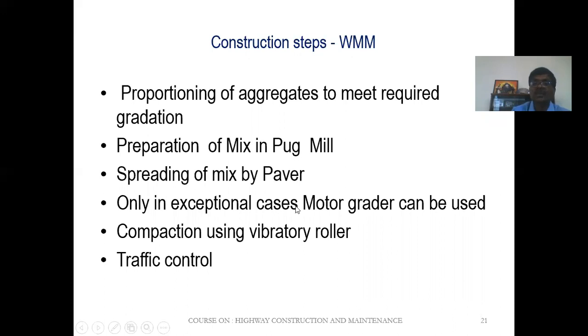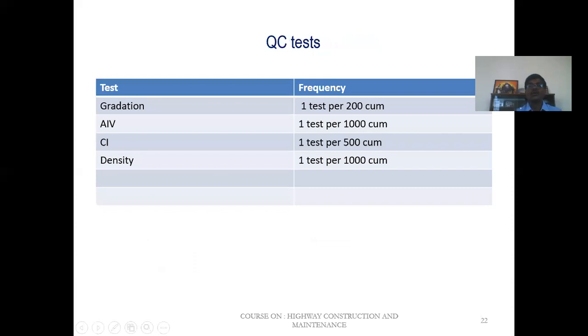Only in exceptional cases, a motor grader can be used for spreading of the wet mix. After spreading, paving, compaction is carried out using a vibratory roller. Of course, traffic control during the construction is a must for safety of the road user and safety of the crew.